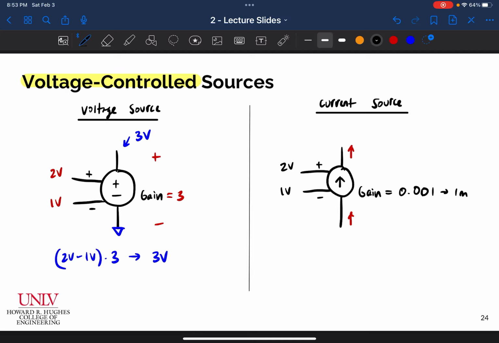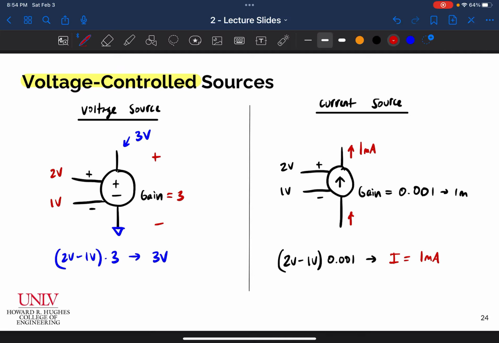And so if I were to take my 2 volts minus 1 volt and multiply it by my gain of 0.001, I would get that the current flowing in my voltage controlled current source is equal to 1 times 0.001, or 1 milliamp. So then I would have 1 milliamp flowing out of my voltage controlled current source.